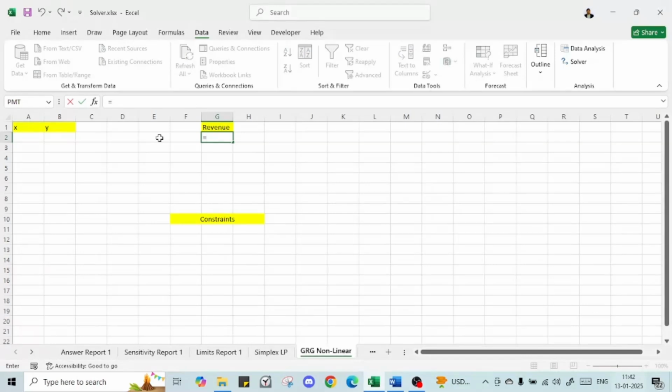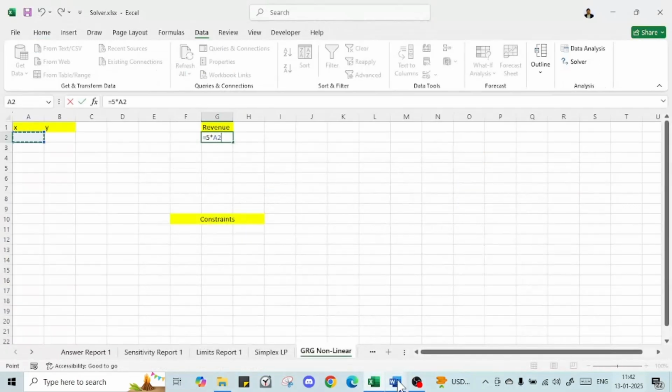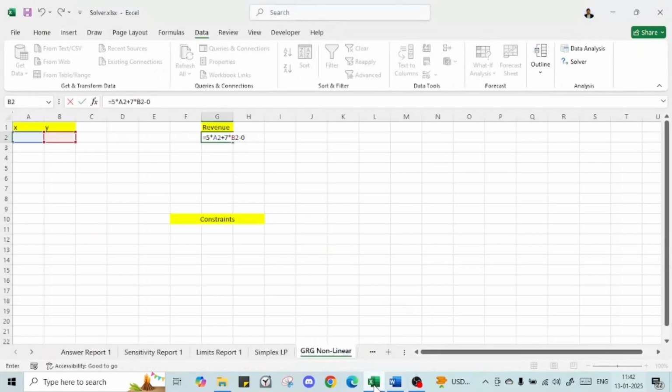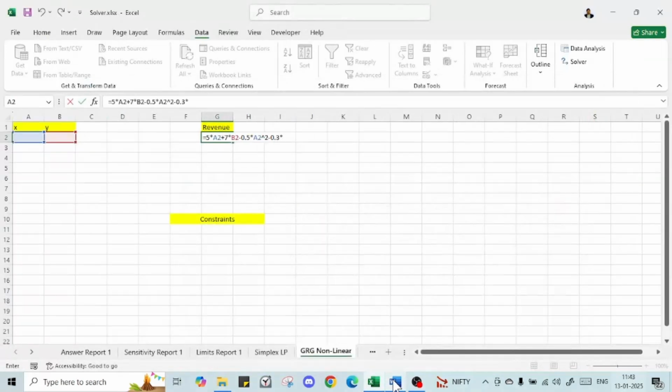Revenue is going to be entered, equal to 5 into x plus 7 into y minus 0.5 into x square minus 0.3 into y square.